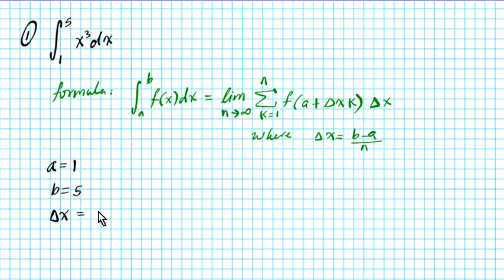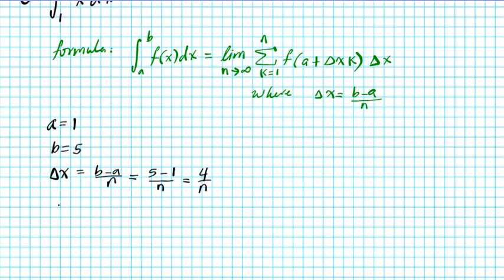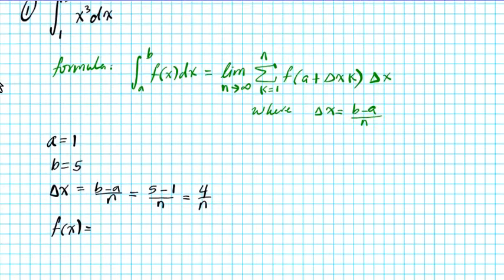Delta x is (b minus a) over n, as indicated here. So we compute 5 minus 1 divided by n. 5 minus 1 is 4, so 4 over n is the width of the subinterval. And don't forget the function under consideration is x to the third.